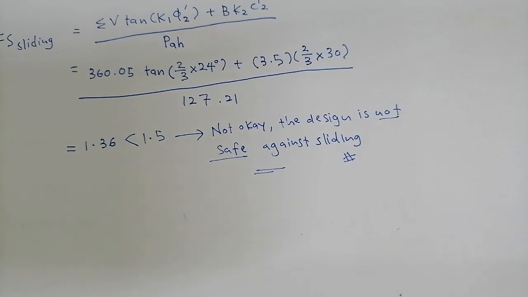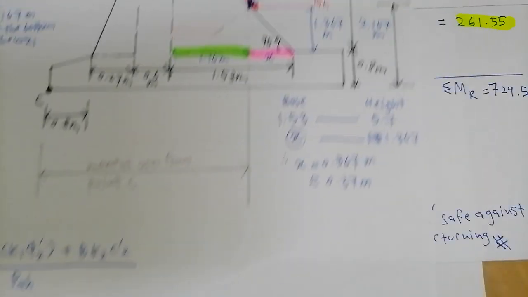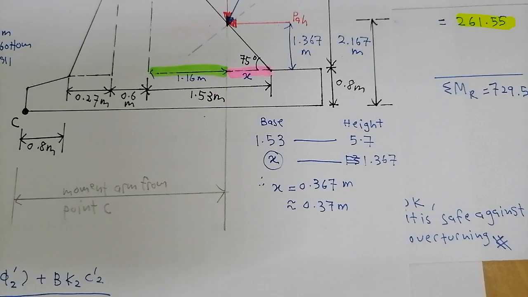So it is not safe against sliding, meaning if you proceed with the design, then within a couple of years your retaining wall might slide along the base. So what you have to do is use a different proportion, a different dimension.